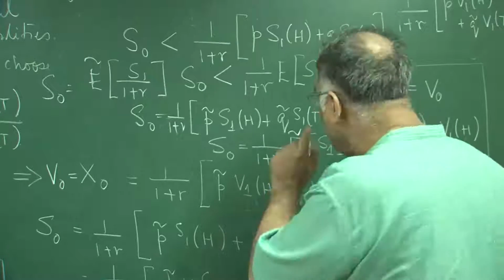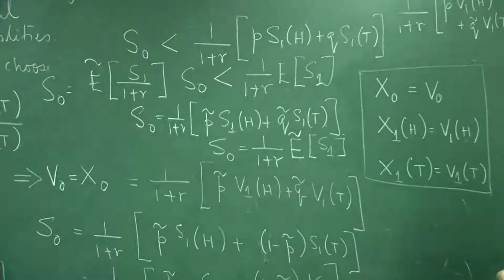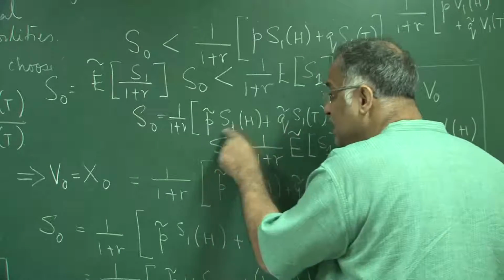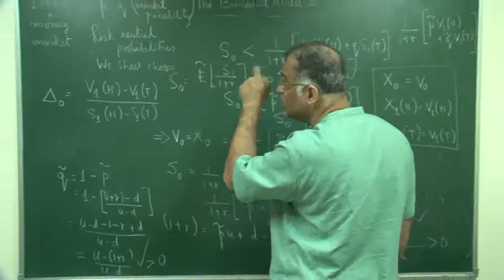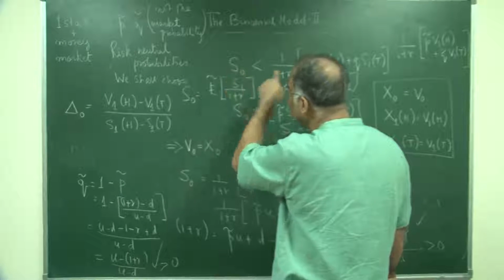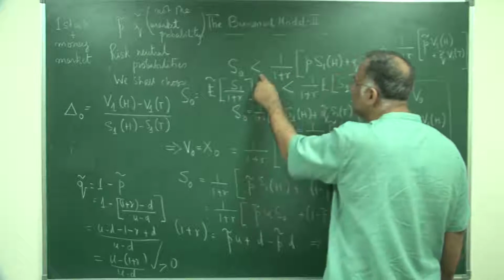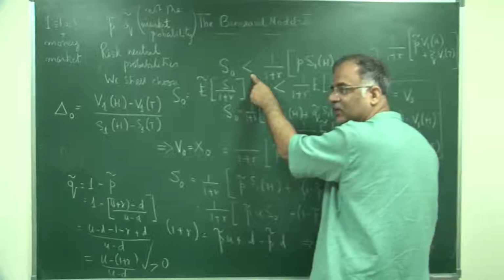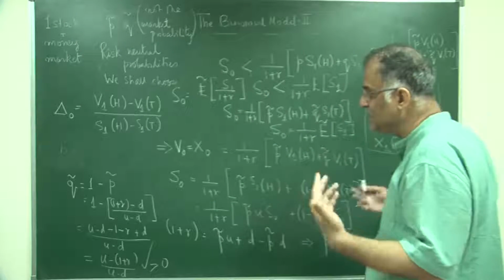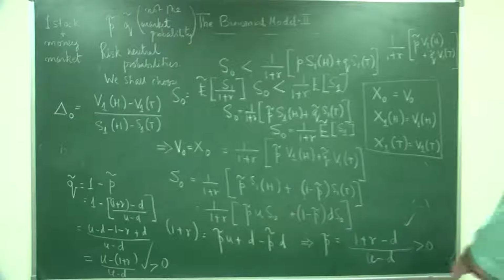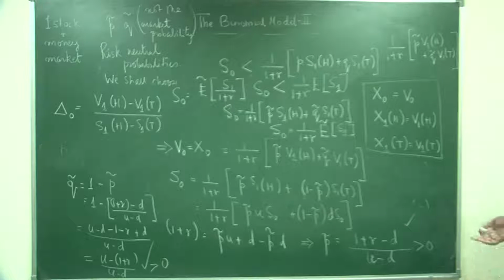But why do we use this? Because these quantities allow us to find V0, which is the general P naught Q naught. P and Q won't help us because they would give an inequality and it will be difficult to figure out V naught. They can just allow me to find a bound on V naught. These things come in incomplete markets, but this is exactly what we do in a complete market.